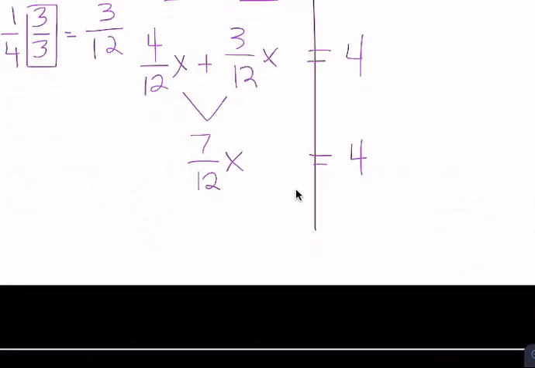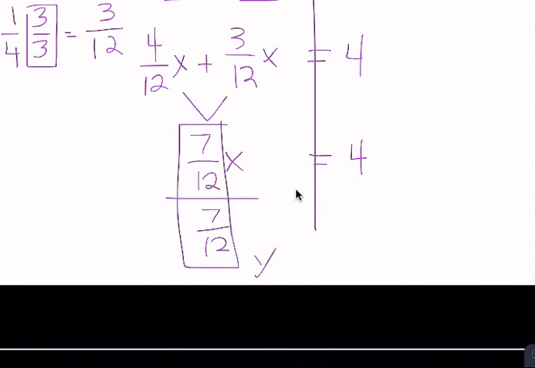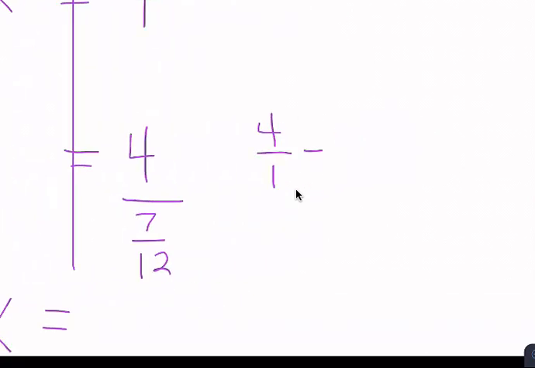Equals 4. Now I want to know what x is, not 7/12 x. So I need to divide both sides by 7/12. This makes a 1, so I'm left with x equals, and then I have 4 divided by 7/12. I'm going to do 4/1 divided by 7/12, so I remember to set up my fractions correctly.